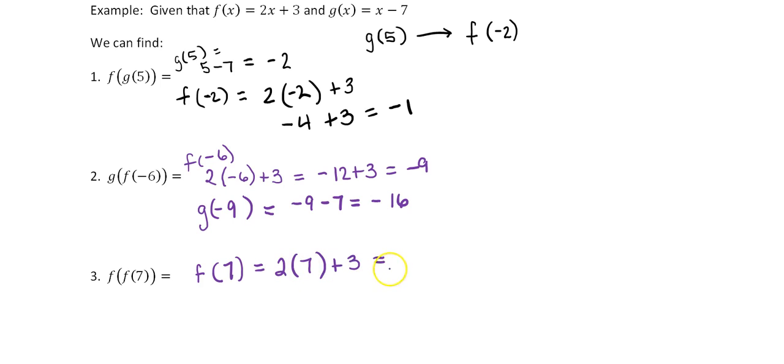So it's going to give me 14 plus 3, which is 17. So my f of 17, right, is going to give me 2 times 17 plus 3.